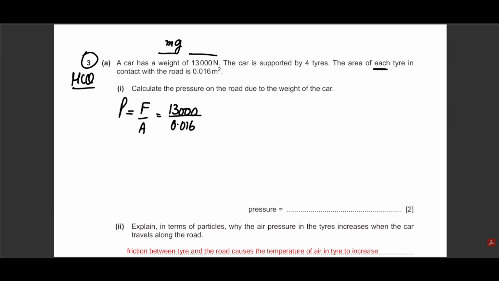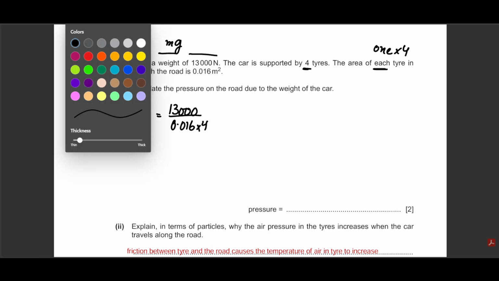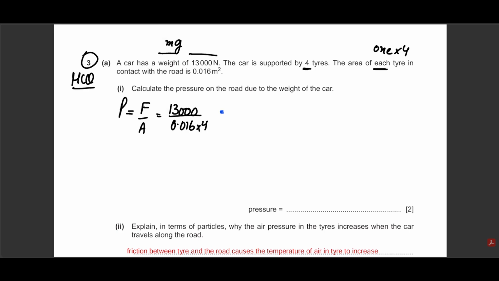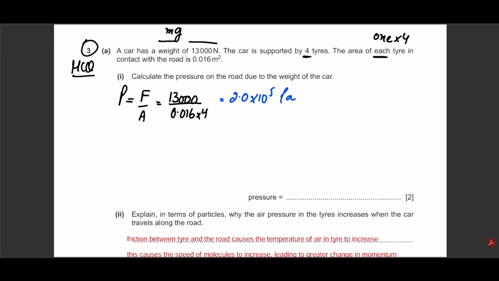When he says each tire, this means it is one tire. The car has 4 tires, so the cross section is multiplied by 4, because the force is distributed on 4 different tires separately. When you do that, your answer comes out as 2.0 into 10 raised to power 5 pascals.